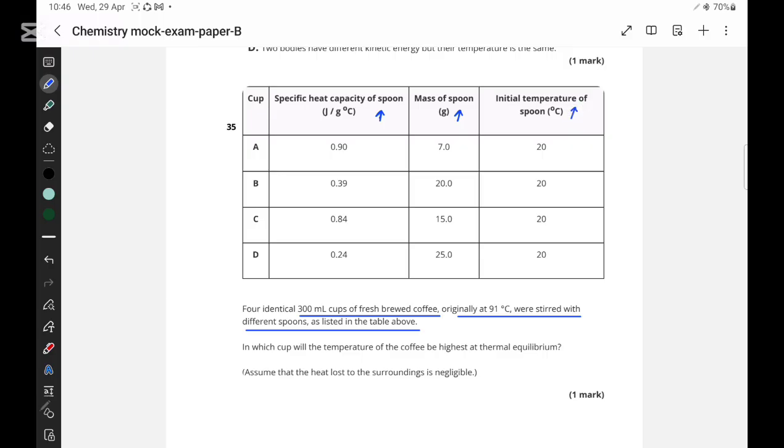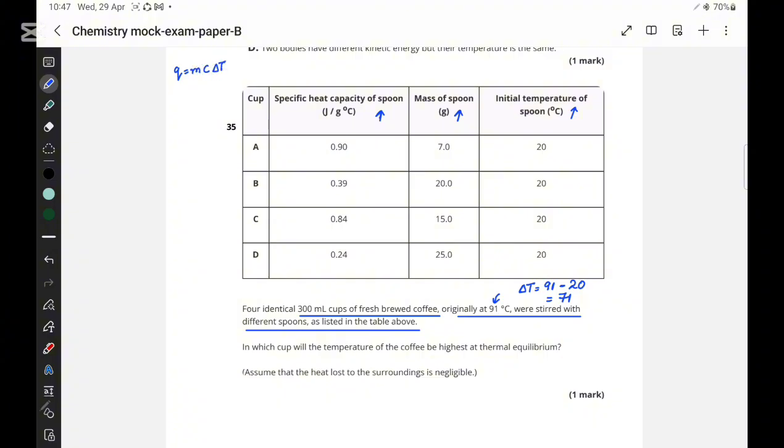So we need to find the value of Q of each one of them, and for that delta T is the final temperature, which is 91, minus the initial temperature of the spoon, which is 20. I'm going to subtract them, and the answer comes out to be 71. Now we need to find the value of Q, and the formula is mC delta T for each one of them.